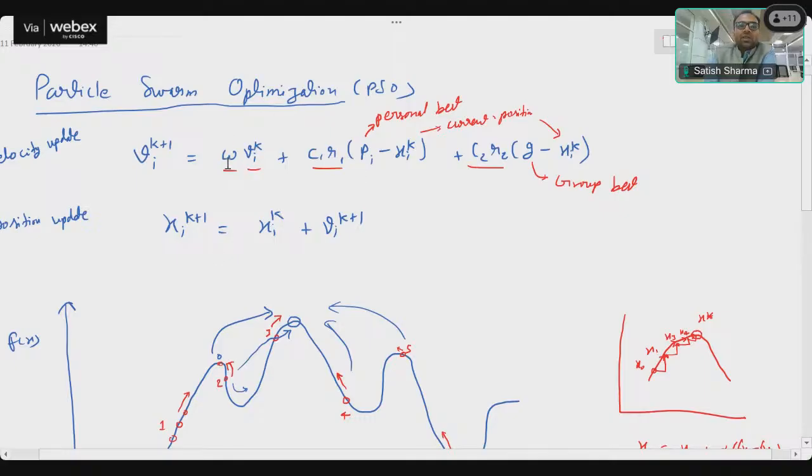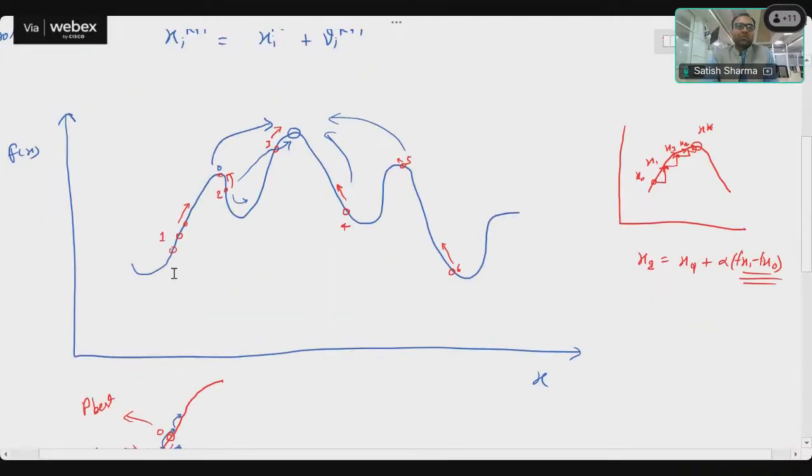So this velocity parameter, inertia, should be very high initially, that okay, I'm looking at the different solutions nearby this particular point. Whatever the initial point is, I will explore the entire space to see whether an optimal value is present there or not.